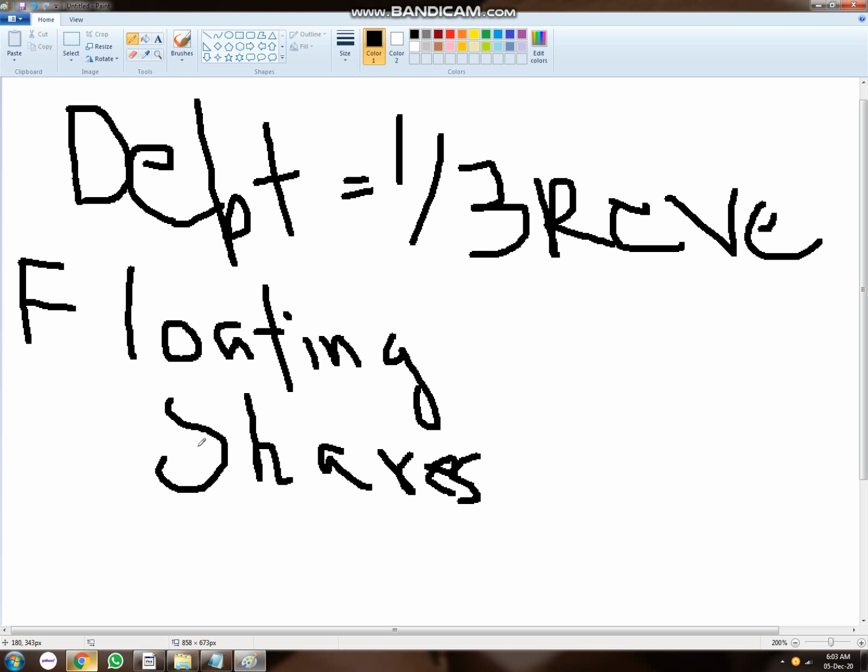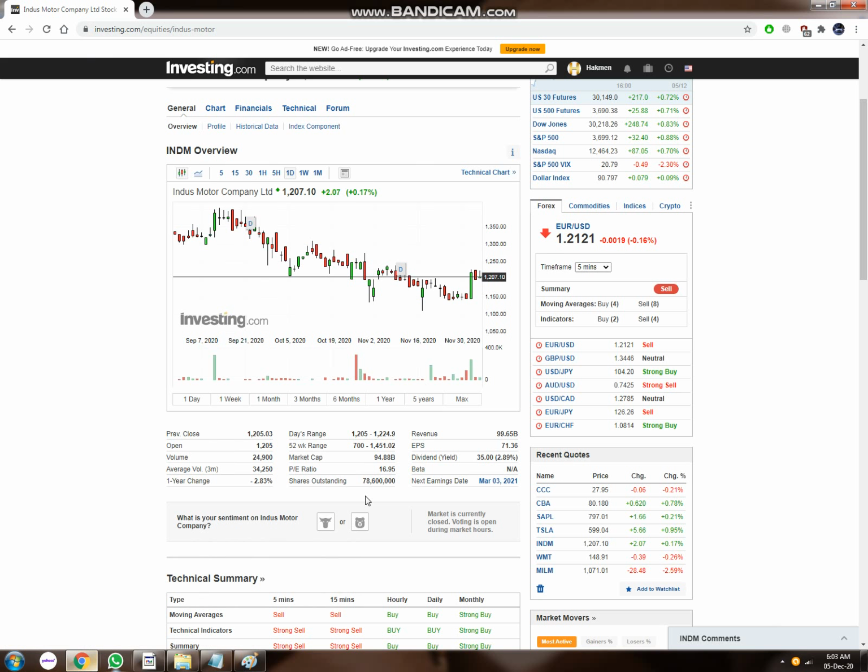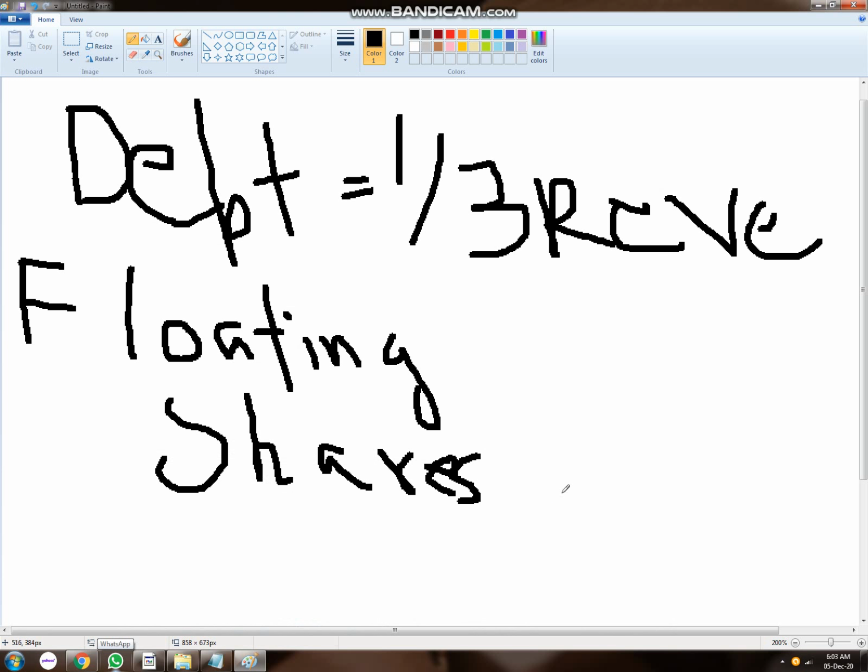First of all, floating shares are those shares left to be traded. Let's say the company has allotted 78.6 million shares, and the buyers have bought all of the shares except 2 million. That 2 million is the amount left to be traded. These are the floating shares, which are available to the buyers for purchase.